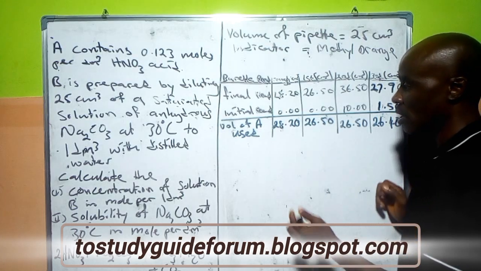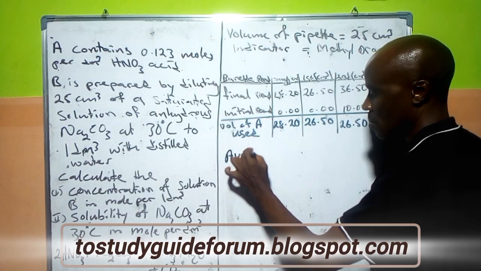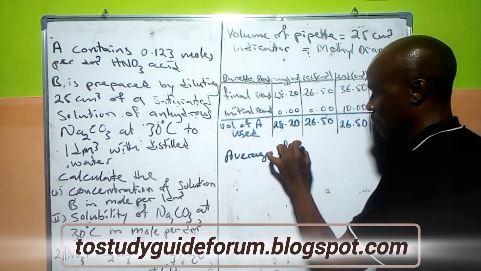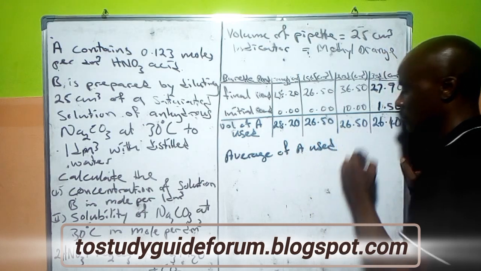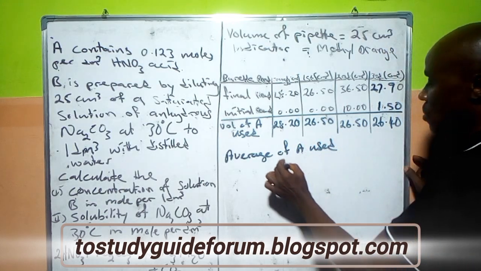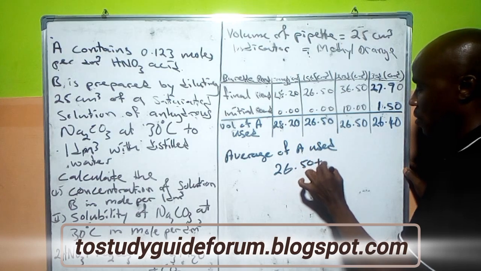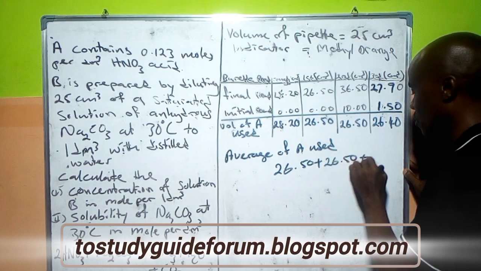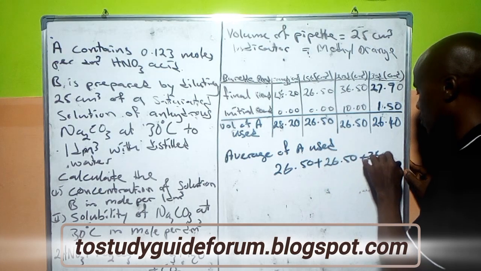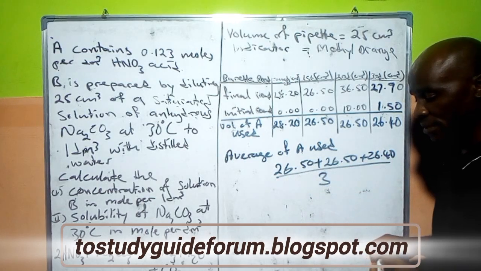If we're using all of them to calculate the average volume of A used, that will give us 26.50 plus 26.50 plus 26.40, all over 3.